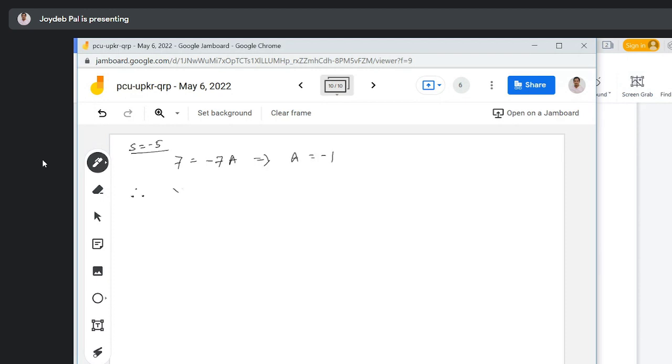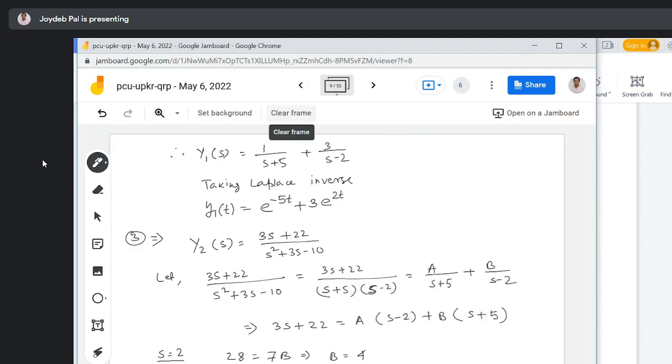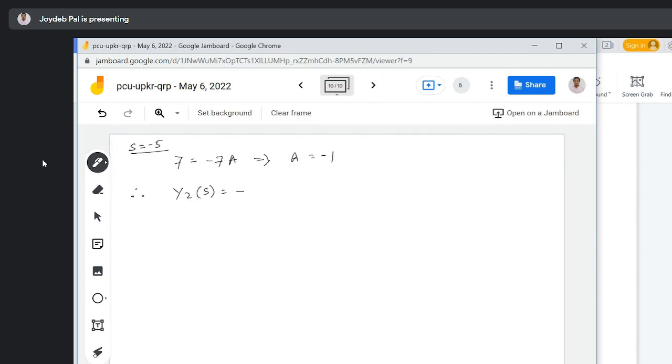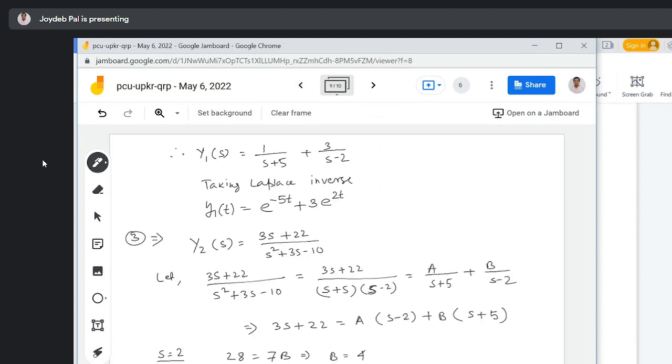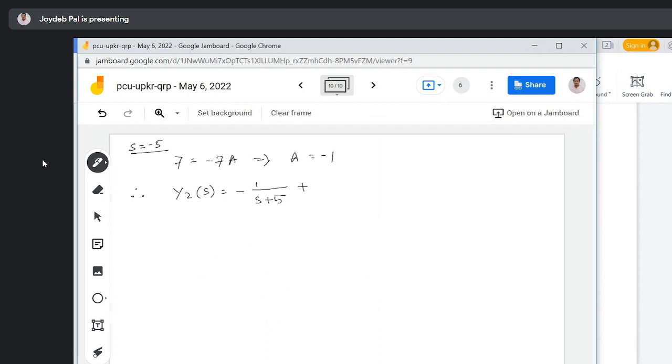Therefore, y2s equal to a divided by (s plus 5), that means minus 1 by (s plus 5), plus b means 4, 4 divided by (s minus 2).